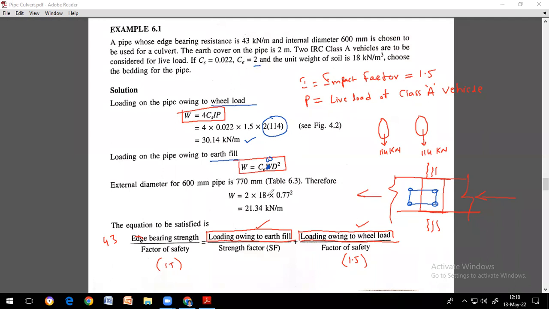No worries. Small w. What is small w? Density. It is given as 18 kilonewton per meter cube. And next one capital D. What do you mean capital D here? Capital D is nothing but the external diameter of the pipe.